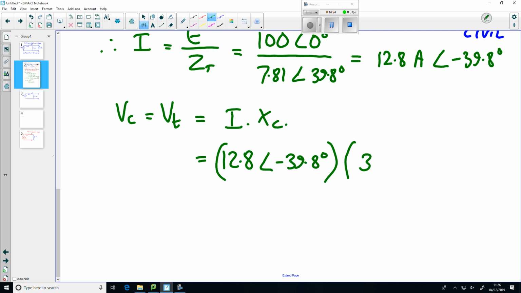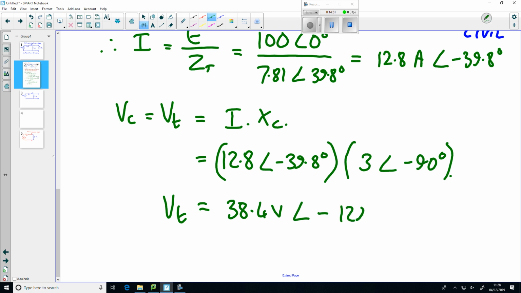What's the angle associated with a capacitor? Minus 90 degrees, yeah? So we do that multiplication and we get a V little t equal to, so we got 38.4 volts angle minus 129.8 degrees.